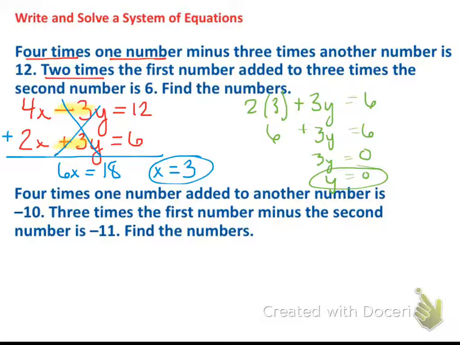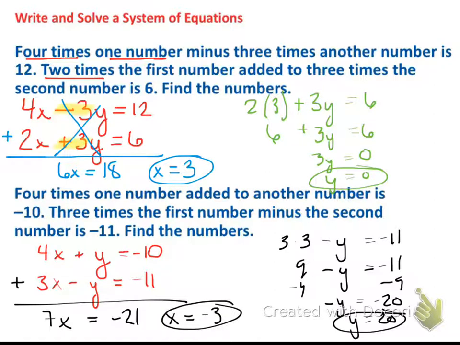We've got 4 times one number added to another number is negative 10. And 3 times the first number minus the second number is negative 11. All right, why don't you go ahead and try to solve that by yourself. So you can look through my work there and you can see that I did elimination.